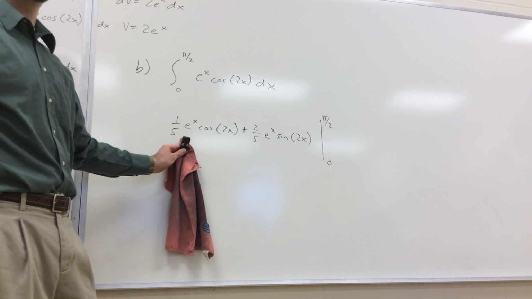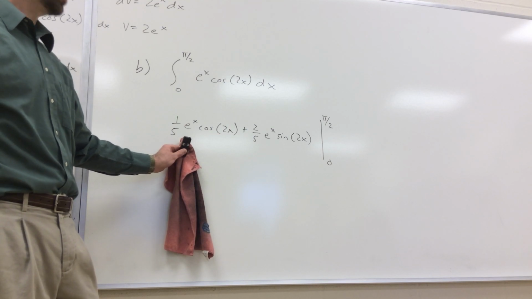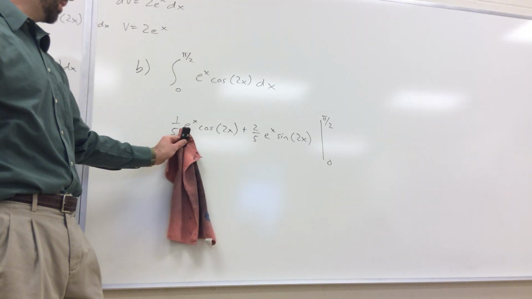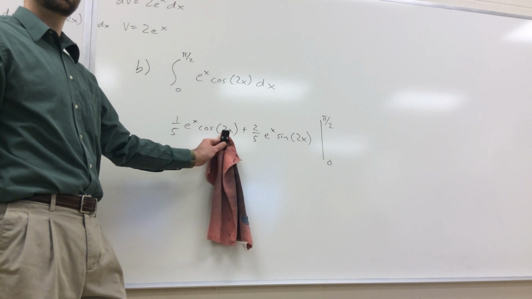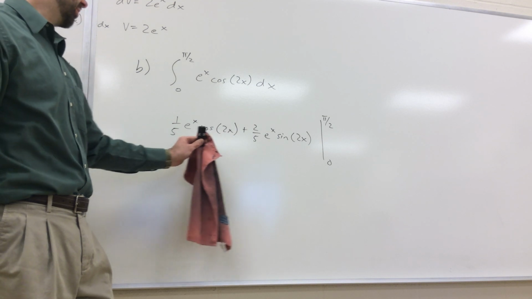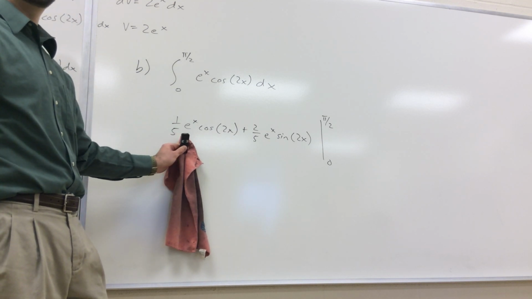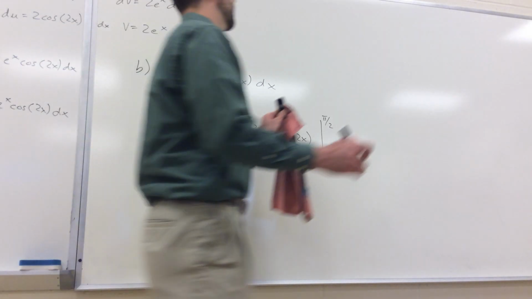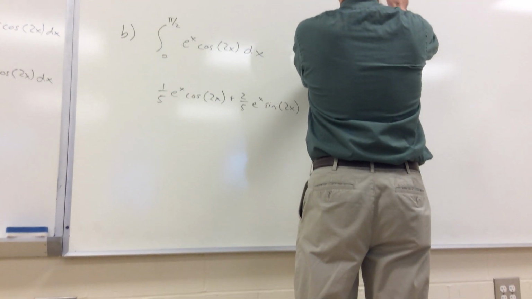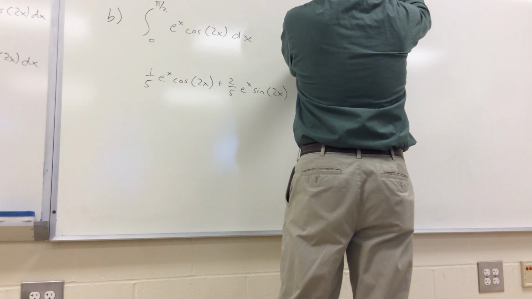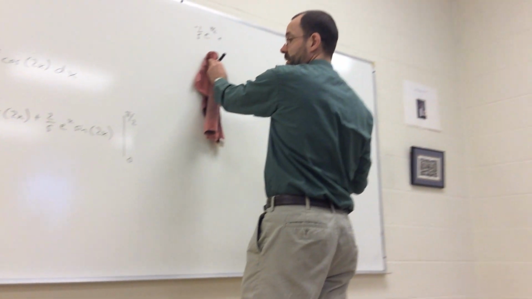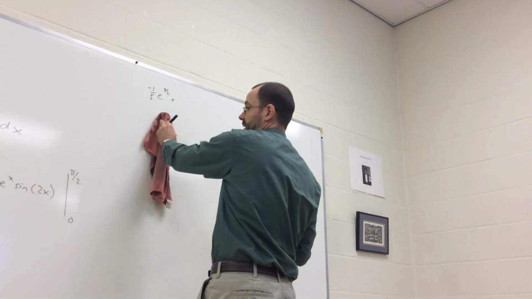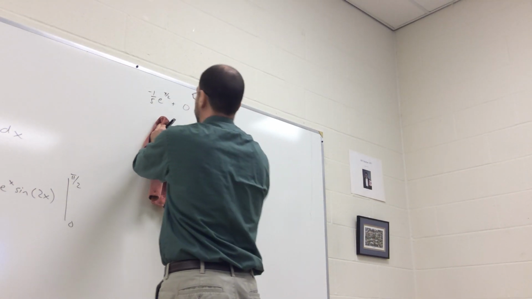That's going to be a big mess. That's okay, we can deal with it. So we got 1/5 e to the pi over 2 cosine of pi, which is -1. So this will be -1/5 e to the pi over 2. Plus sine of pi is 0. So that's nice.